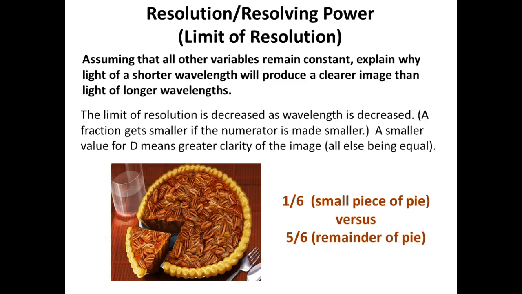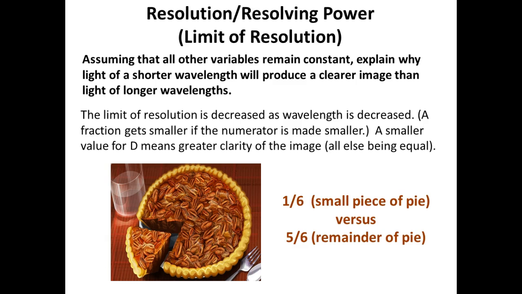Okay, so notice the number at the top is small here, small piece of the pie. Part over whole. What's left, big number. This is the bigger fraction, bigger number on top. Do we want that, though? Do we want a really big number or a really small number when it comes to resolution? We want small.